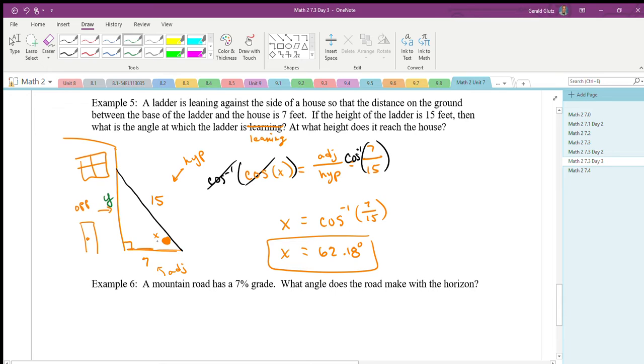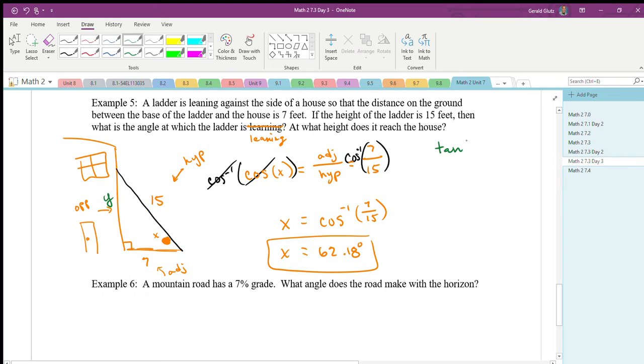So if I'm using this angle, which I now know is 62.18, and I'm trying to find y, this is the opposite side, the opposite leg. So I could use either O and H or O and A. It's up to you. I'll just use tangent, with the opposite and adjacent.